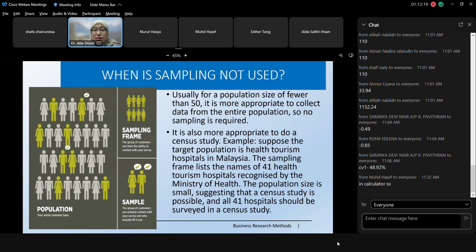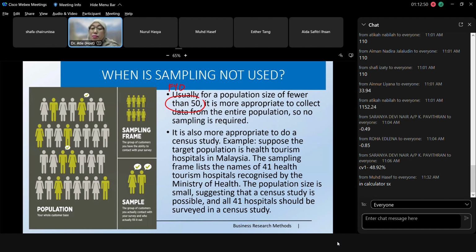So when is sampling actually not used? When our population size is very small, less than 50. Usually for FYP, the requirement for you to get the data is at least 50. So if you don't have big data, 50 or 30, we suggest you do a census instead of a survey.